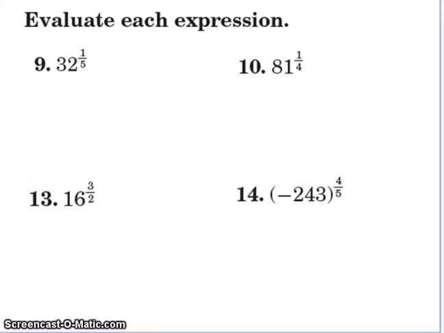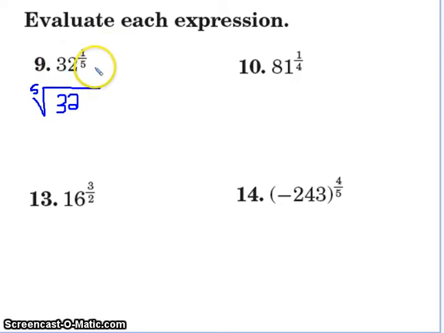Now, if we want to evaluate each expression, that means we're actually going to find an answer for these. If I have 32 to the 1/5, that means I'm taking the 5th root of 32. Like I said, there are some of you who would put this in your calculator.